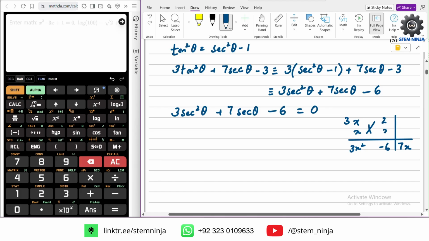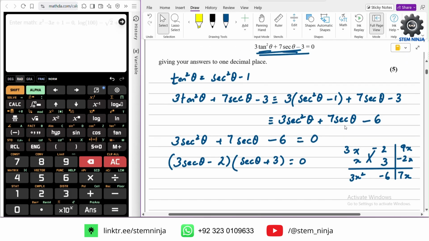So 2 and 3. So 3 times 3 is 9x, and this is 2x. So the only way you're getting a positive is if this is negative. Right, okay. So you're getting (3 secant theta minus 2)(secant theta plus 3) equal to 0.